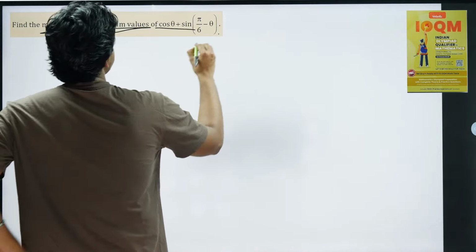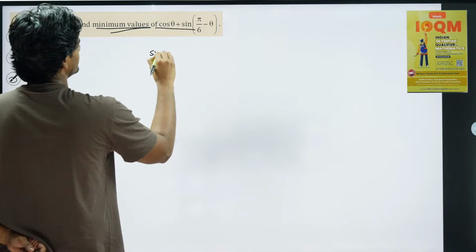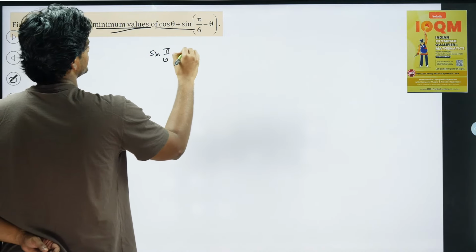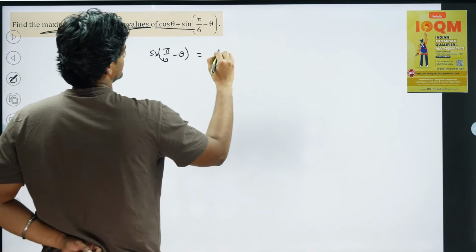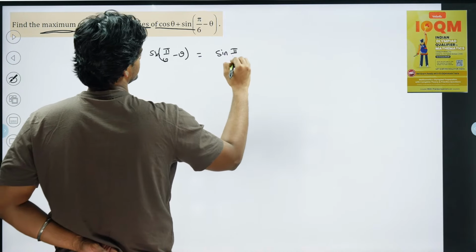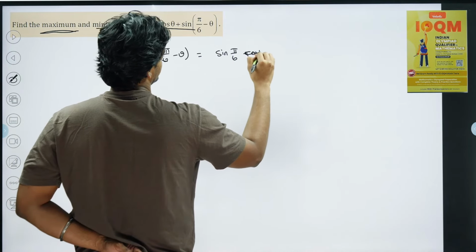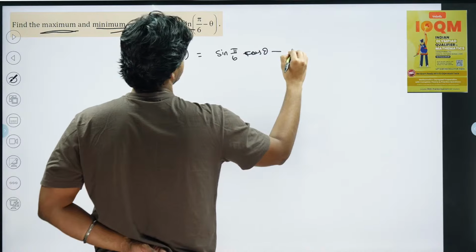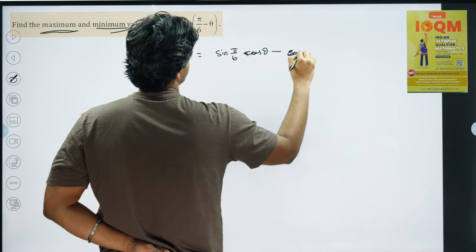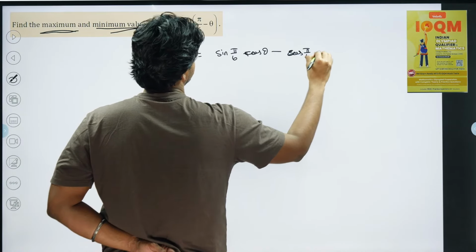So this is, what is sine pi by 6 minus theta? Sine pi by 6 cos theta minus cos pi by 6 sin theta.